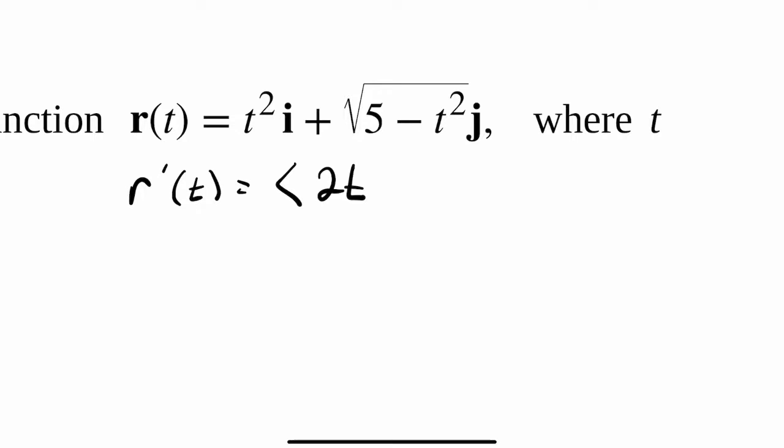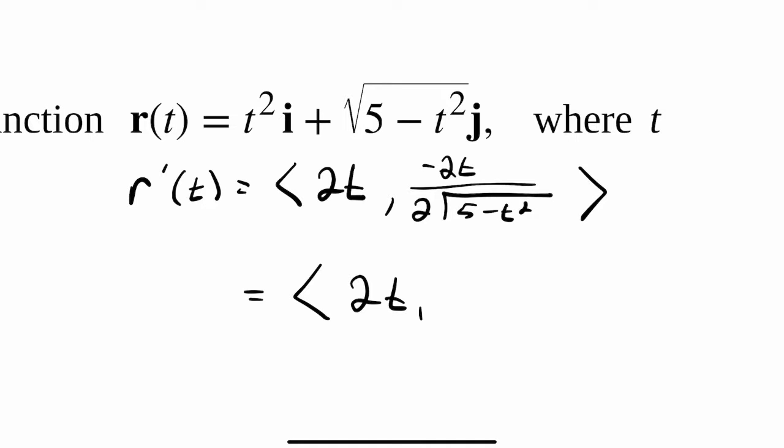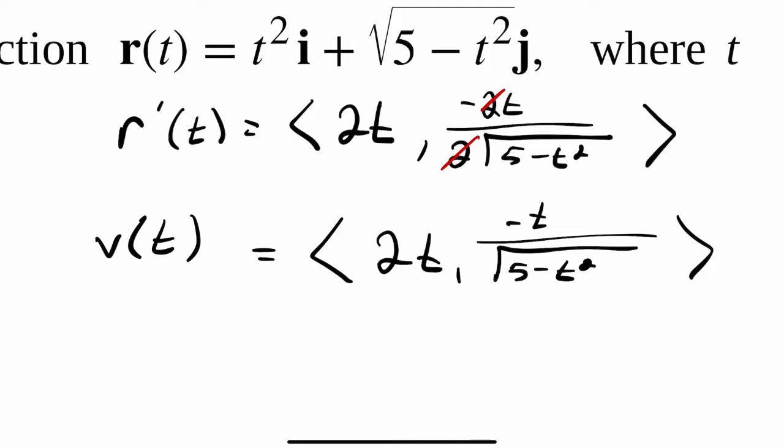That would be 2t comma negative 2t divided by 2 times the square root of 5 minus t squared. This fraction will reduce by canceling a 2 in the numerator and the denominator, and that would reduce to negative t divided by the square root of 5 minus t squared. Since we just found the derivative of r, this is actually our velocity vector.